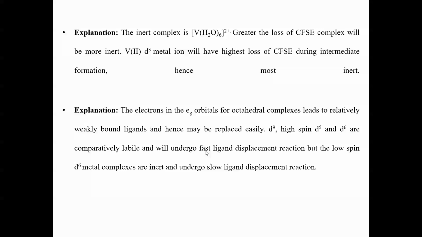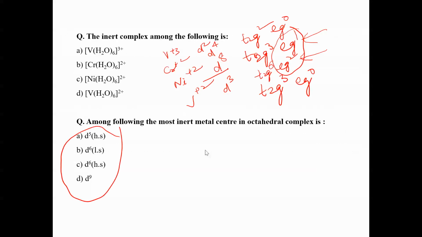Okay, so how will you get the idea of this highest loss of CFSE? If there is any octahedral complex and it reacts with any incoming ligand, it will undergo either an associative or a dissociative mechanism, right?